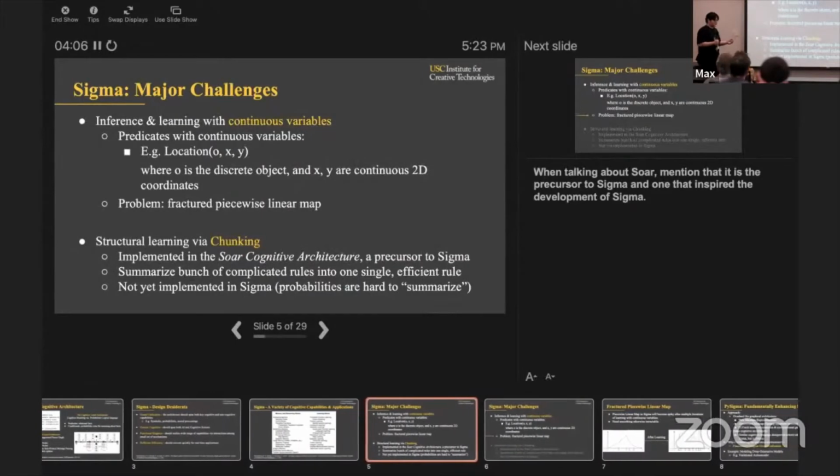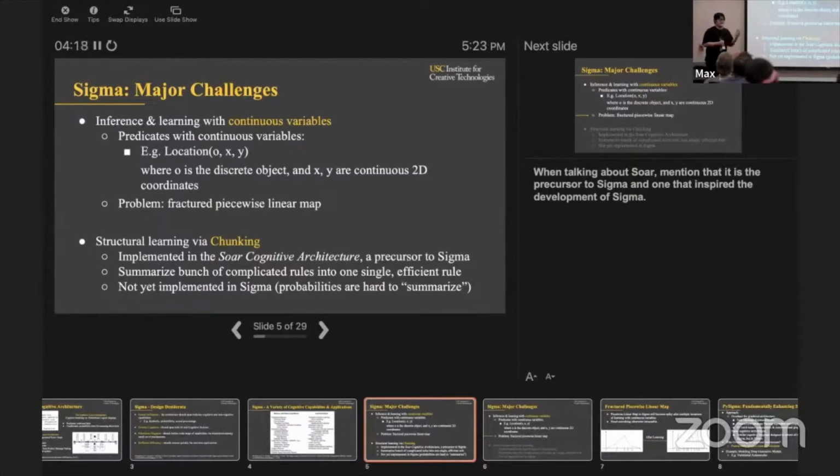Although it has been successful in modeling a wide range of cognitive capabilities, there have been multiple major challenges. Two of them, as listed here, are inference and learning with continuous variables, and structured learning capabilities known as chunking. The first problem is inference and learning with continuous variables. Let's say there's a predicate called Location of O, X, and Y. Here, the variable O is a discrete symbolic variable that represents every object in the world.